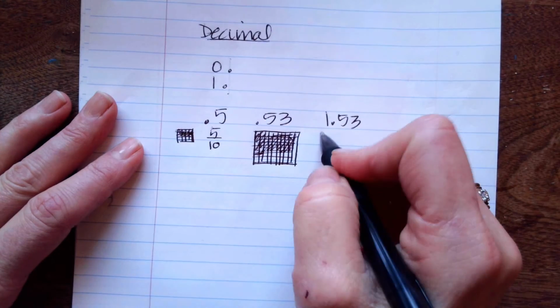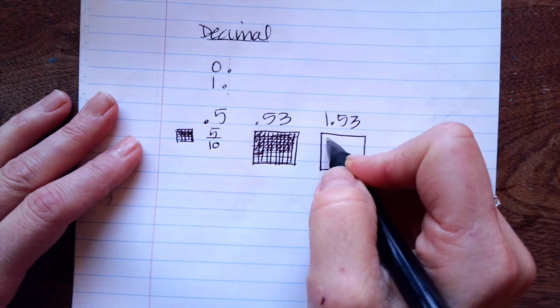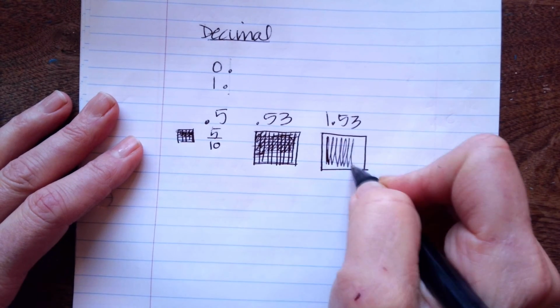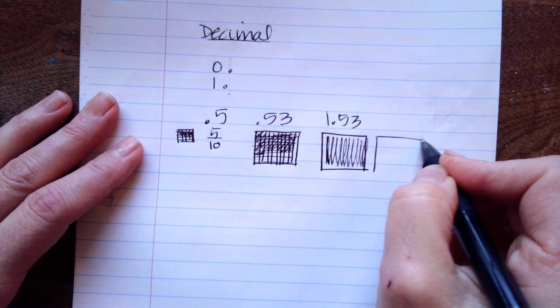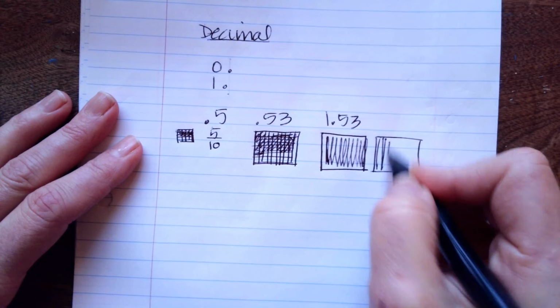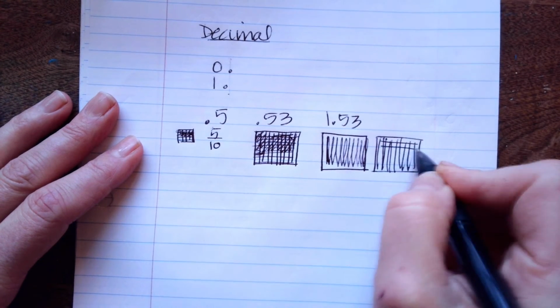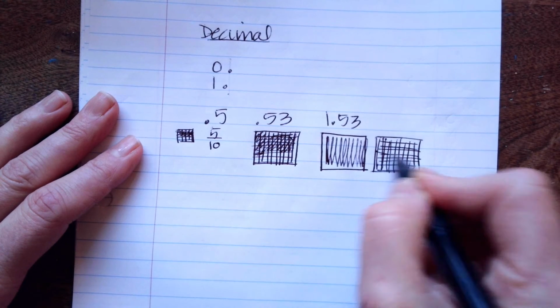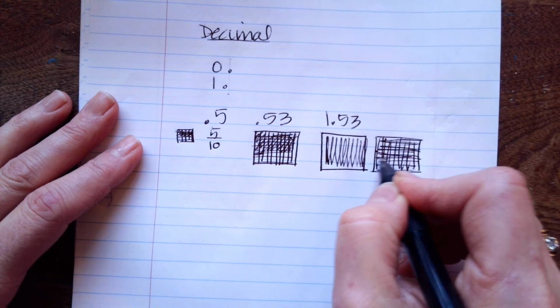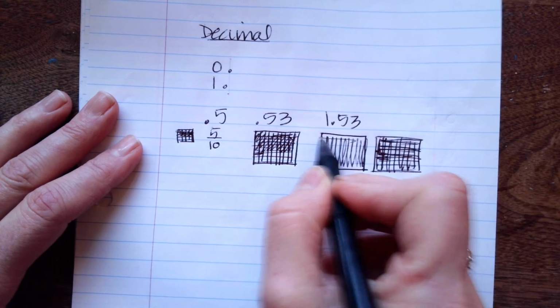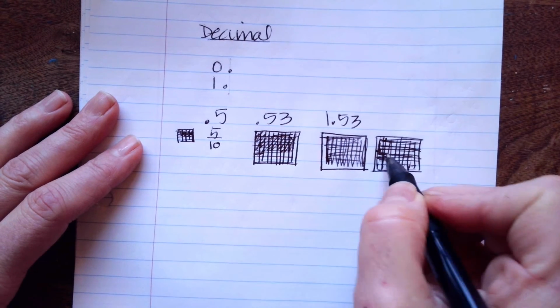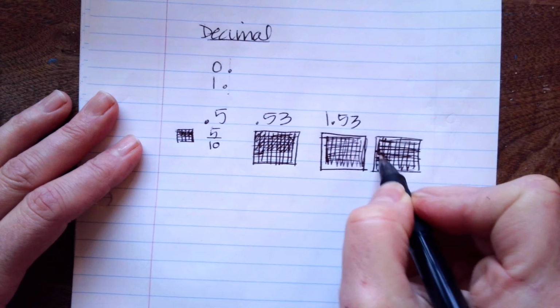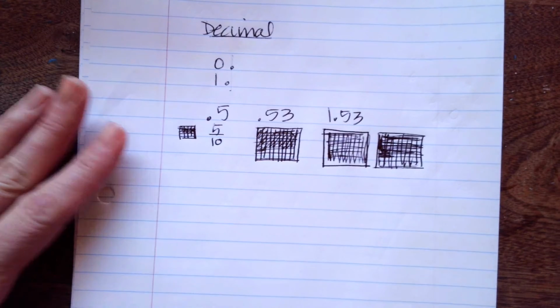And this one means you would have 1 whole square and then 53 would be filled in. So it'd be 1 whole and then 53 of another square.